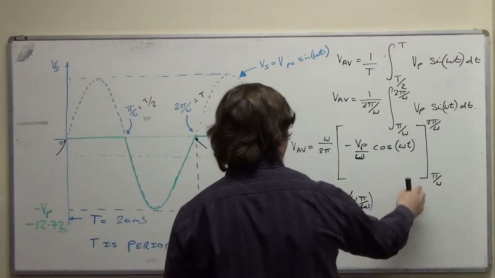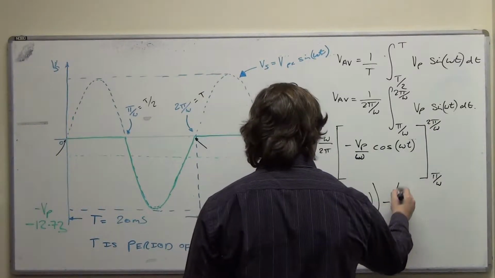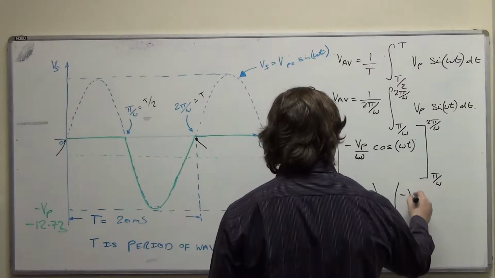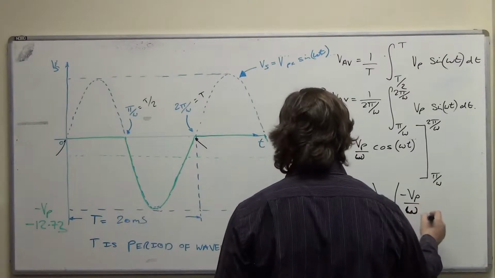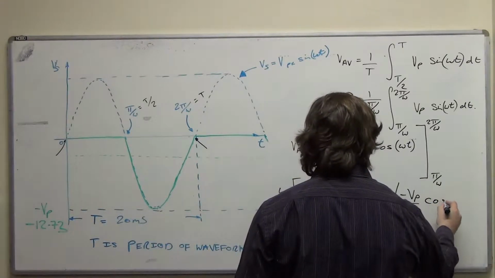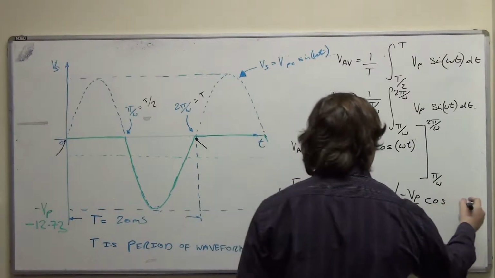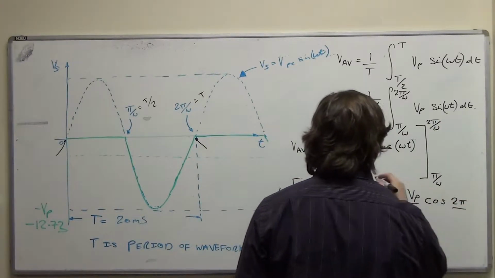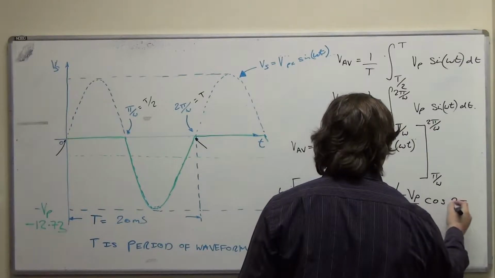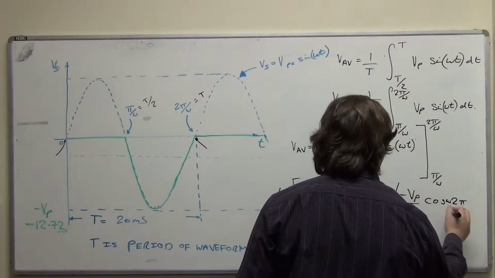So that's our first condition, and our minus second condition, minus Vp upon omega cos, and this is omega times 2 pi upon omega. So we have an omega there.